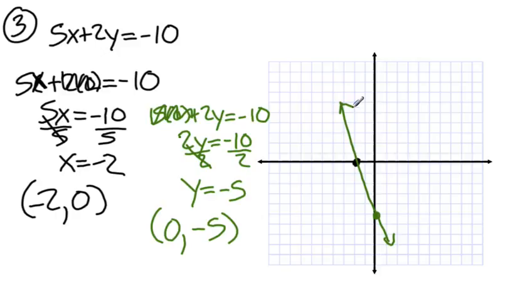Let's look at one more problem like this. We're going to add some negatives in there, make it kind of interesting. This is number 4. Let's say I had negative 3x minus 5y equals 15, and I wanted to graph this.